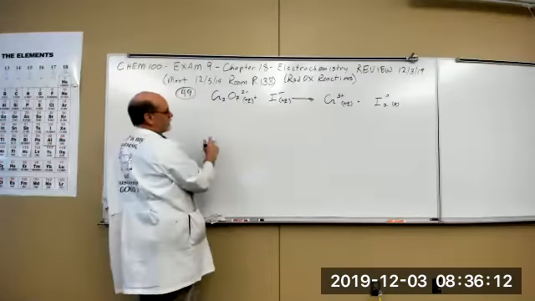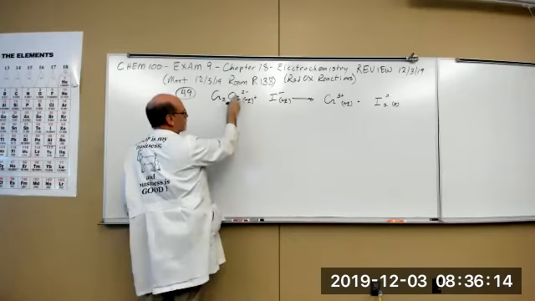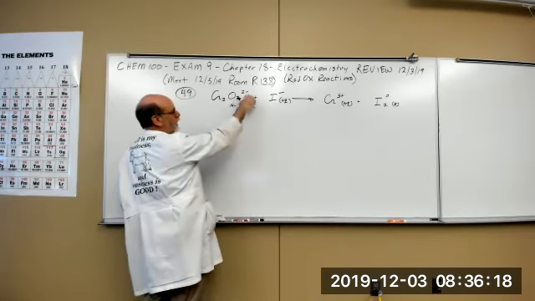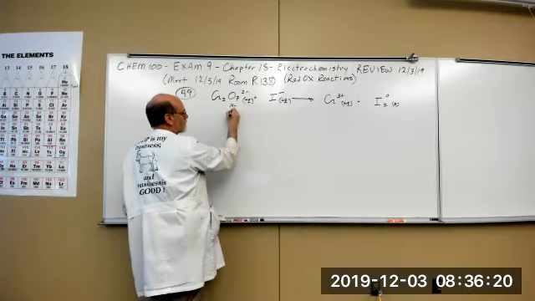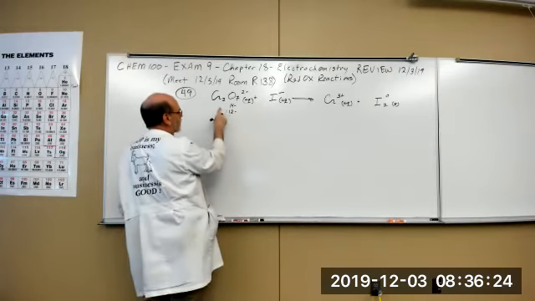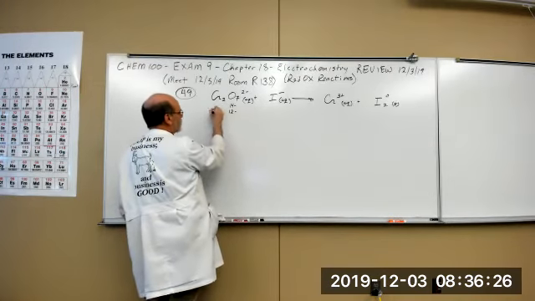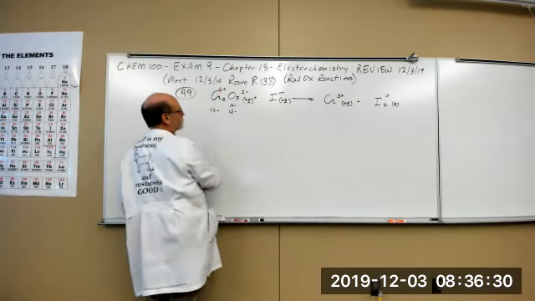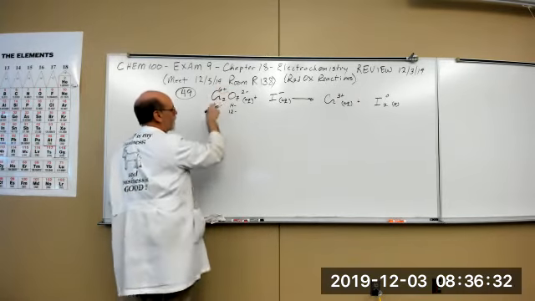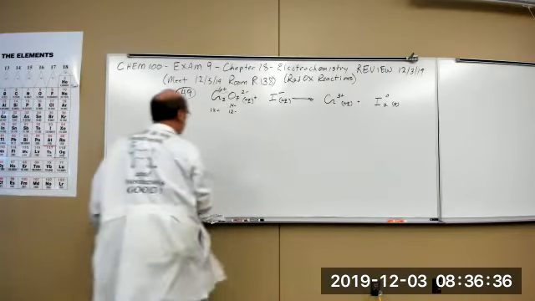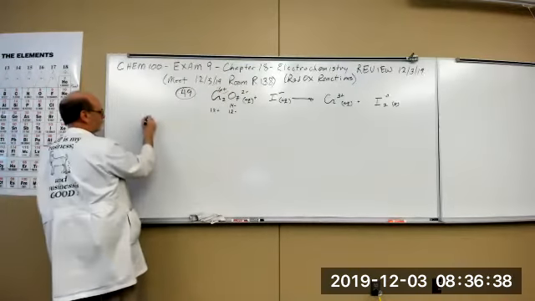Let's just prove it then. 7 times 2 minus is 14 minus, but we have to hold out 2 minuses for that charge, so we only have to balance 12 minuses. And 12 minuses against chromium, well, each one of these chromiums is 6 plus. Okay, so we got that chromium, and this chromium is 3 plus. So now we can write the half reactions.